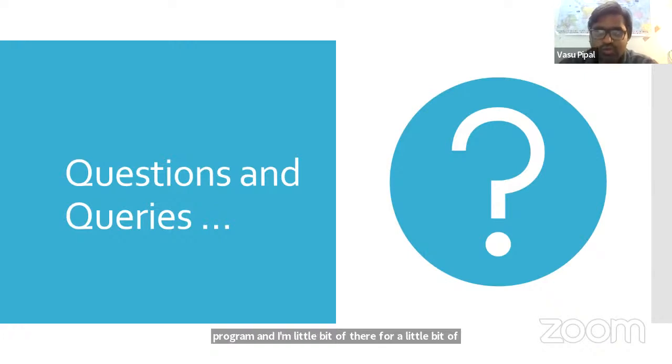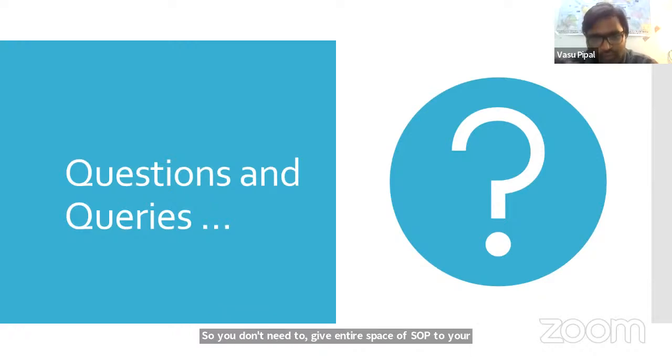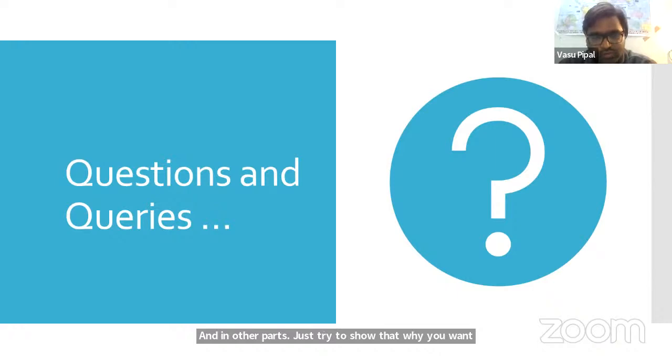You don't need to give the entire space of the SOP to your research interest. Just give two, three lines to elaborate your research interest to show them that yes, you have something in your mind that you want to do after coming here. And in other parts, just try to show why you want to join IIT Gandhinagar, why you find this program very interesting. So these are the things that you have to write in SOP.